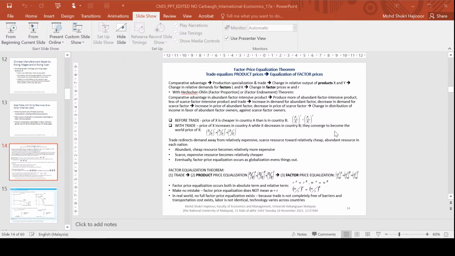This is trading based on specialization according to Heckscher-Ohlin. By doing what? Specialize in the product that will demand the factor that is available a lot in your country. That will increase the price of that factor. So they become equalized.